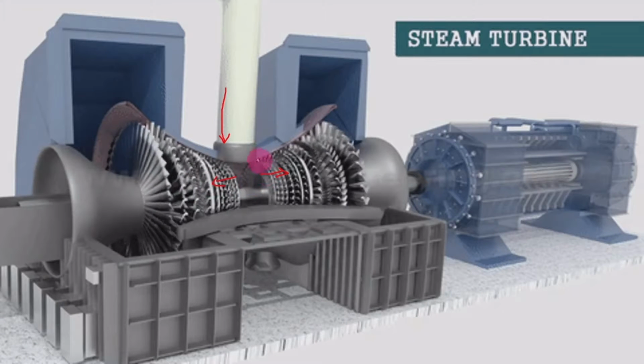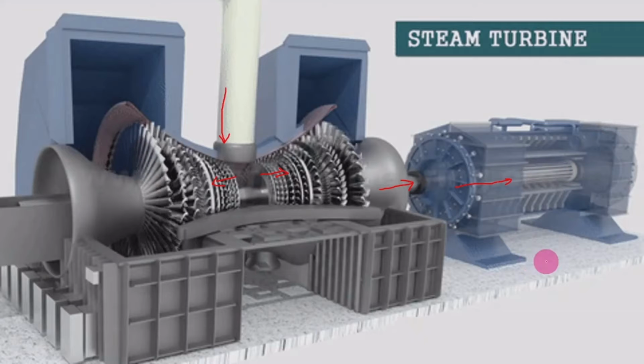There the expansion of the steam takes place, which turns the rotor and later the turbine shaft, which is connected to an electrical generator to generate electricity. And similarly, as I have shown in the figure, a number of stages are used for generating power efficiently from the steam.